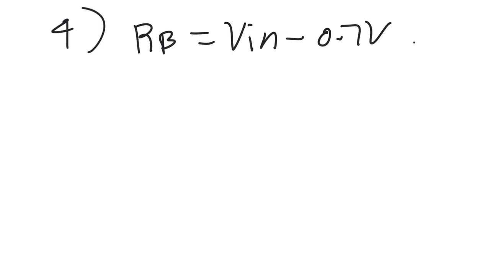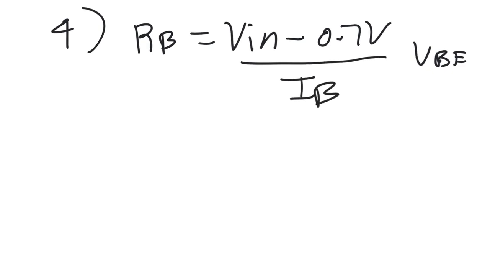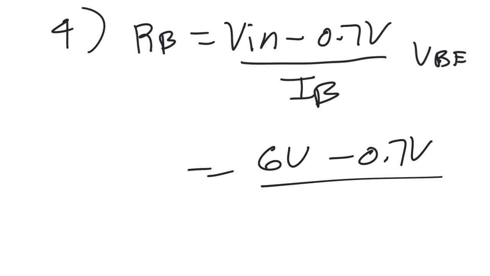Step 4: RB equals the supply voltage minus 0.7 volts, which is your VBE, divided by the base current. Again, I'm just leaving the negative off to make my life easier. 285.